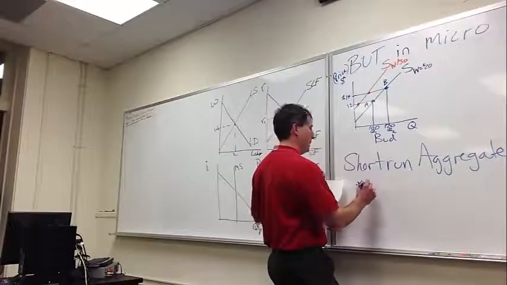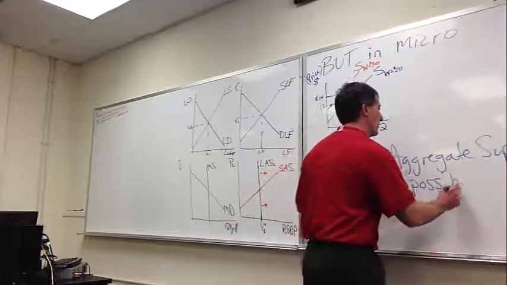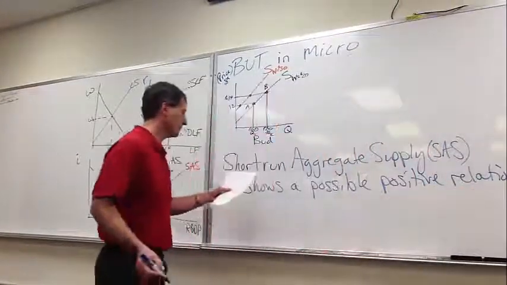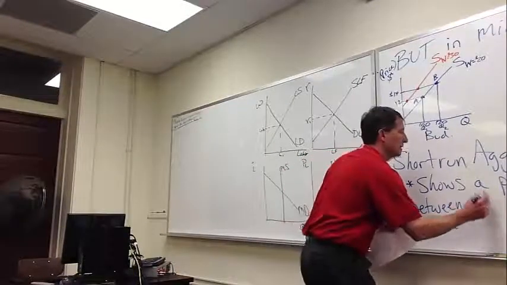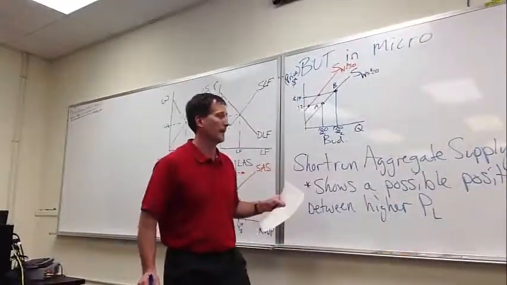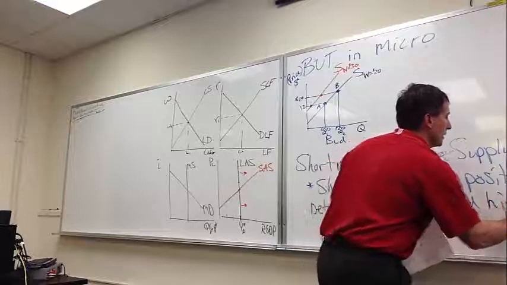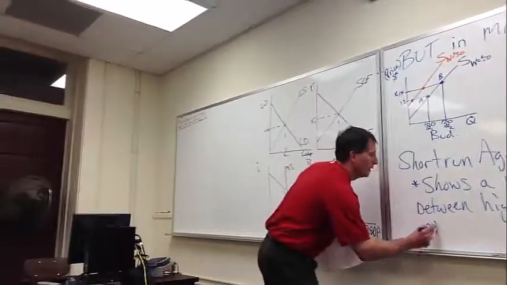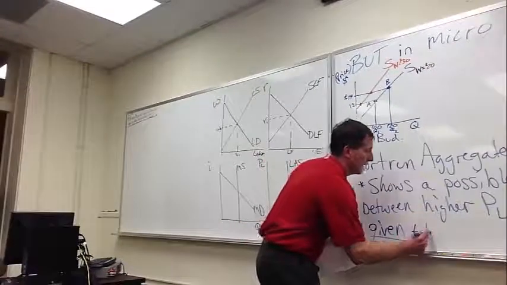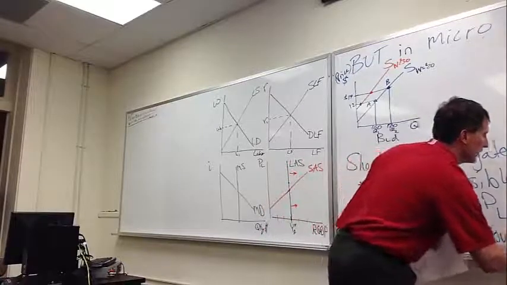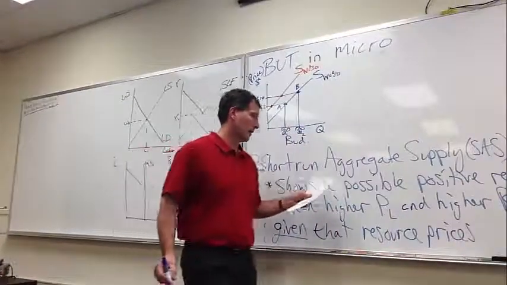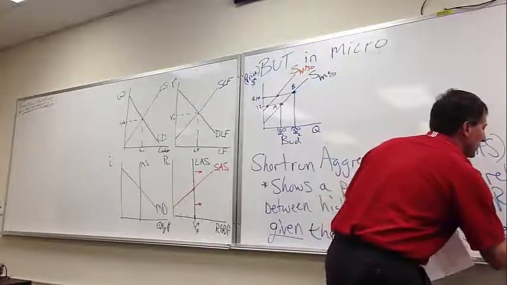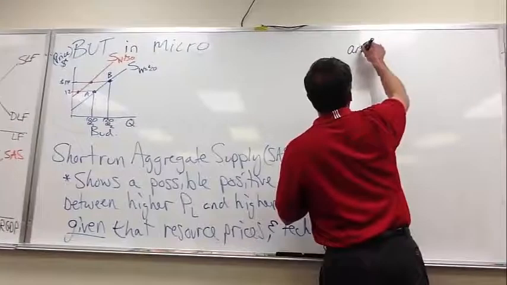Short run aggregate supply shows a possible positive relationship between higher price level and higher real GDP, given that resource prices and technology are unchanged.